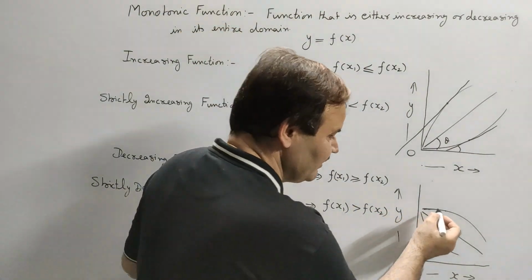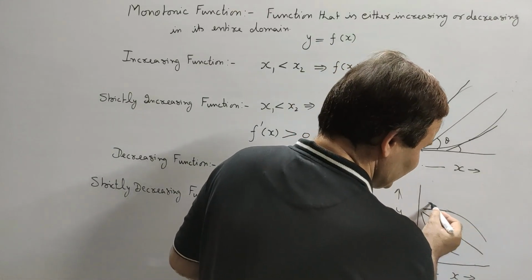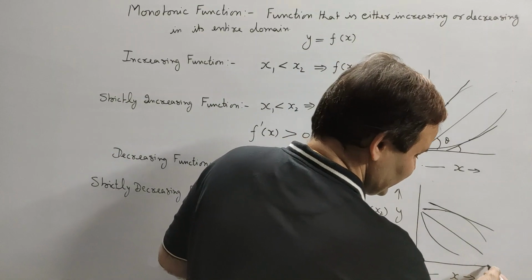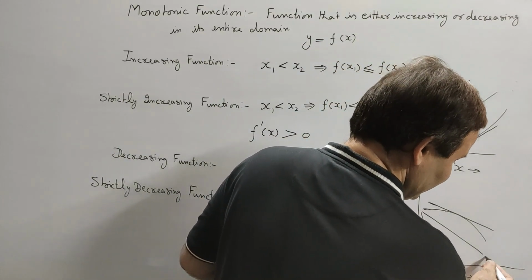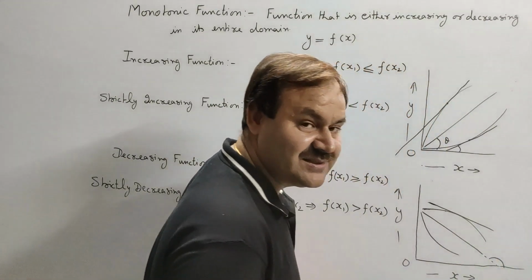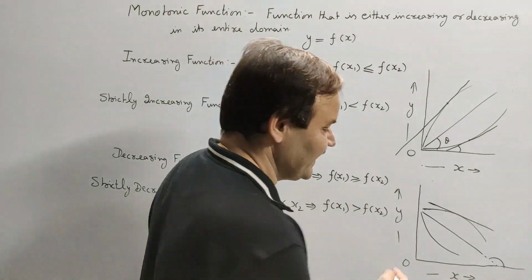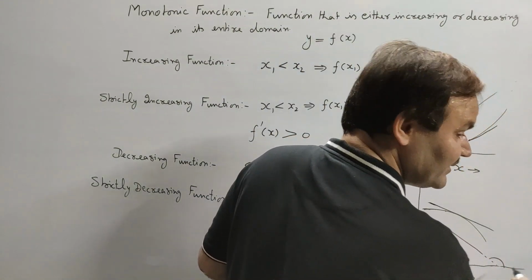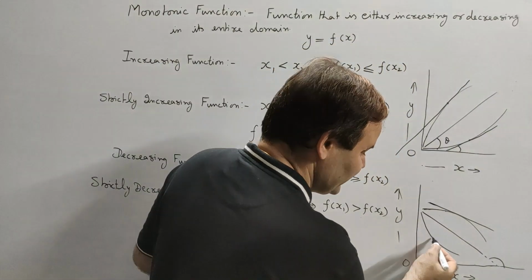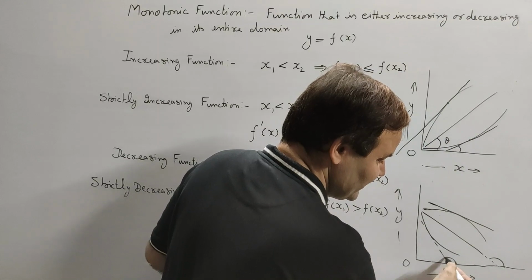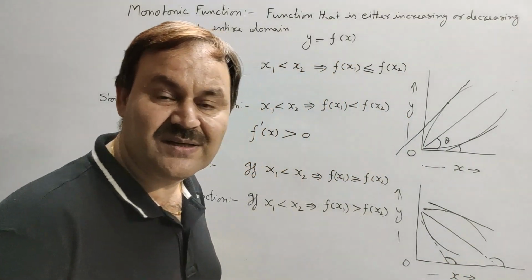If we draw a tangent to the y versus x curve, then the tangent will be making an obtuse angle with the positive x-axis. Obtuse angle means an angle greater than 90 degrees, and here also we can see the tangent will be making an obtuse angle.